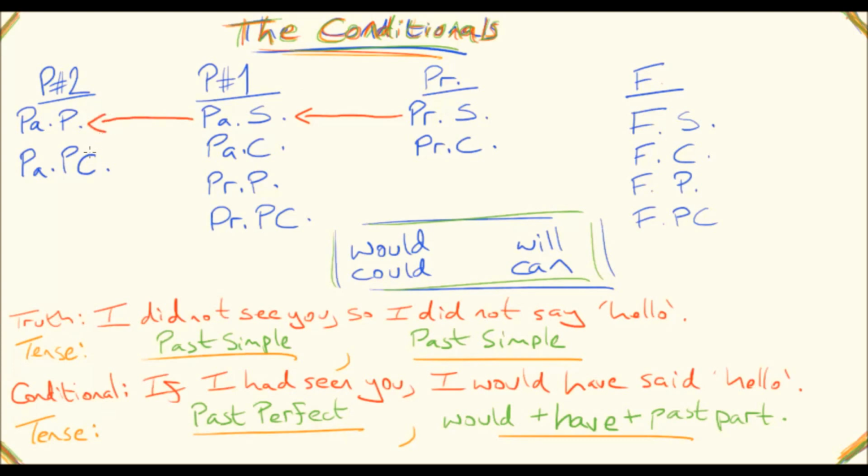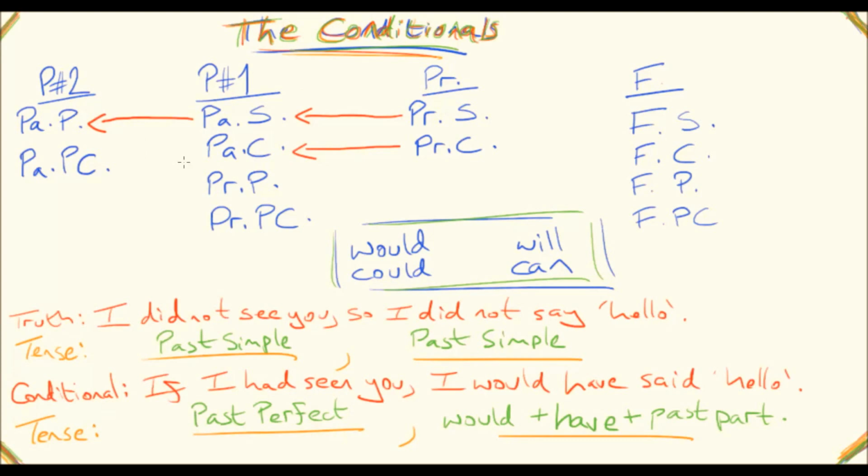Again, we've jumped back. And in fact, if we complete this diagram a little bit more, if the truth is in present continuous, so for example, I am recording this lesson, we actually jump back to past continuous. If I was not recording this lesson, I would be sitting on the beach, for example.